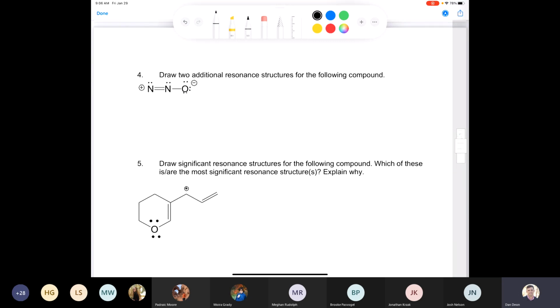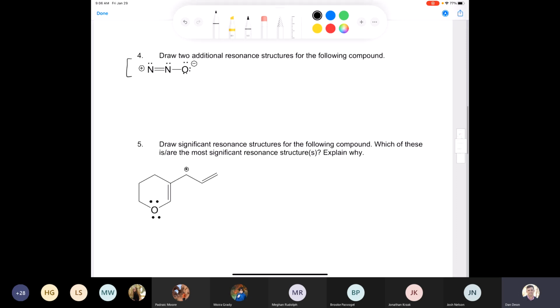Here we go. We have a molecule, and it says to draw 2 additional resonance structures for the following compound. Let me give you a second to look at this first before I start yammering on. If you're way ahead, you could try drawing some resonance contributors for this one too.